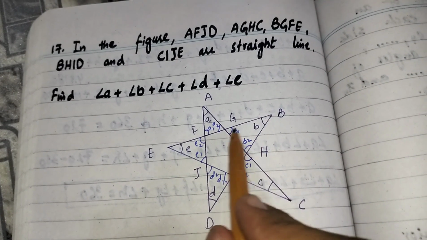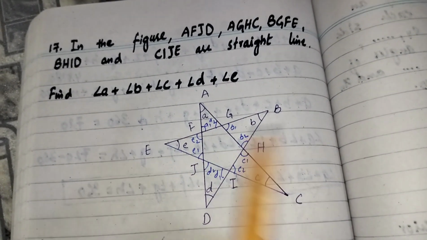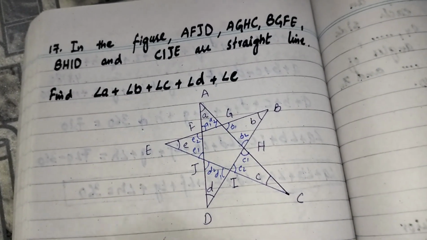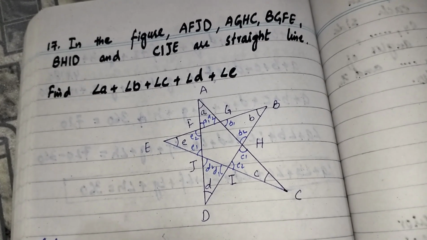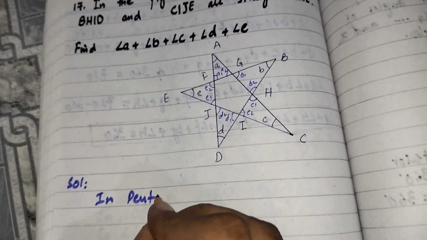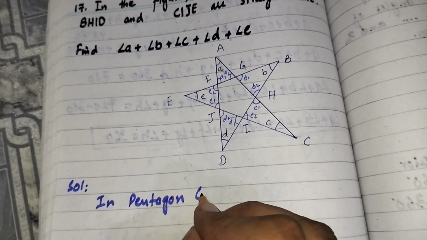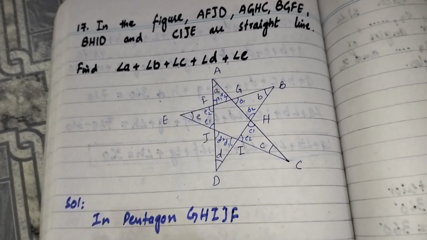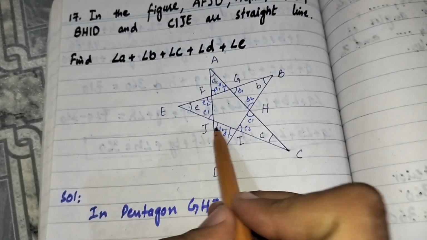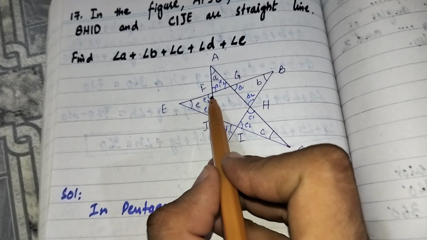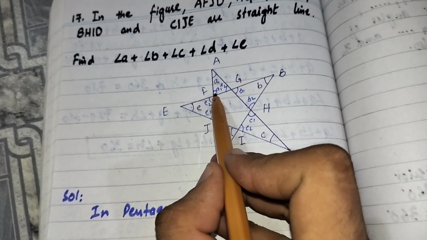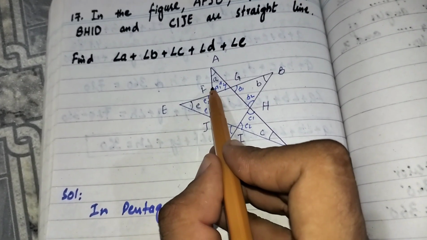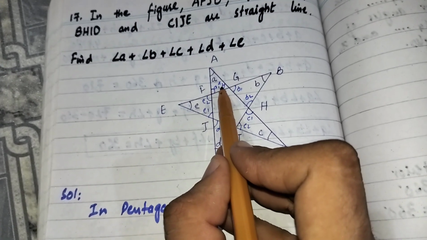In the center of these 5 triangles we have a pentagon. The pentagon is GHIJF. Look here, at this point A1 is an exterior angle, because if I extend this line, A1 is the exterior angle, and A2 is also an exterior angle.